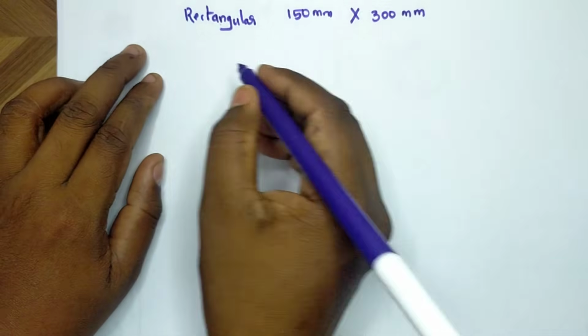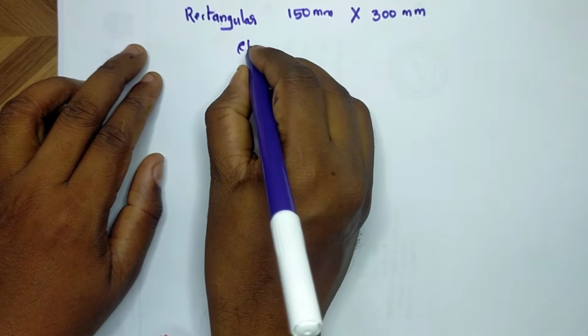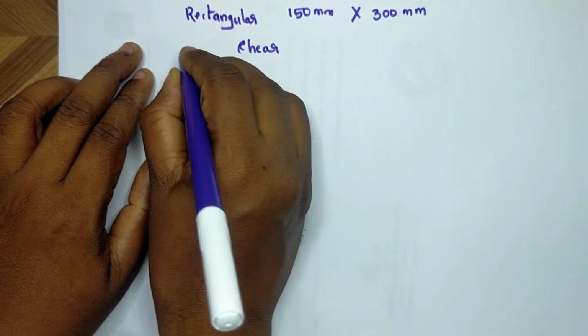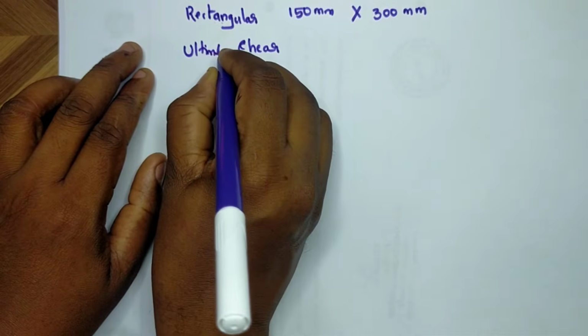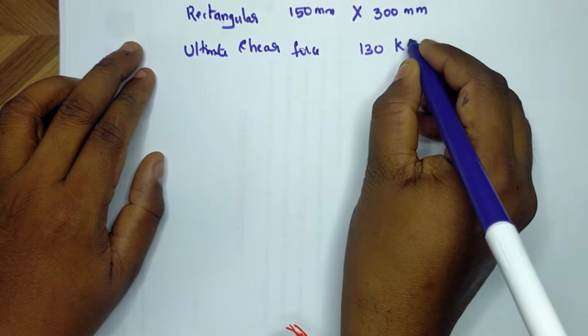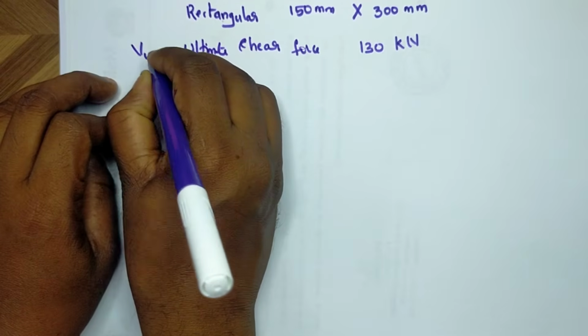We need to design for the shear, ultimate shear, sorry. We need to design for ultimate shear force of 130 kilonewton. Then we can call it as a VUR.